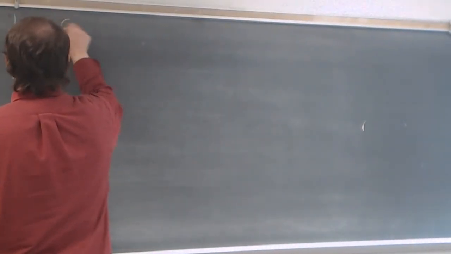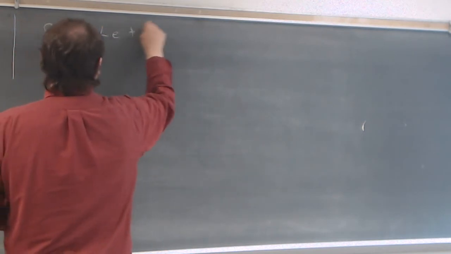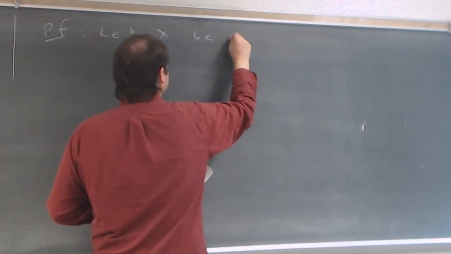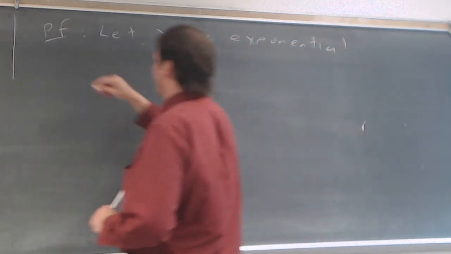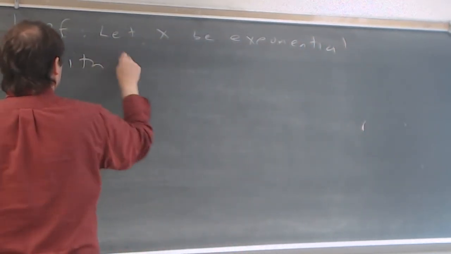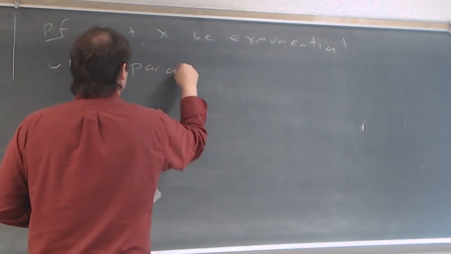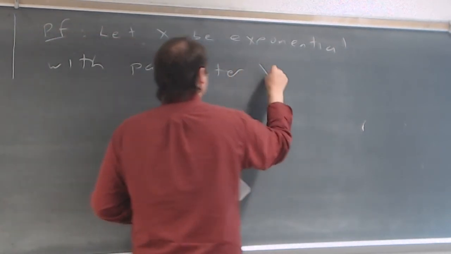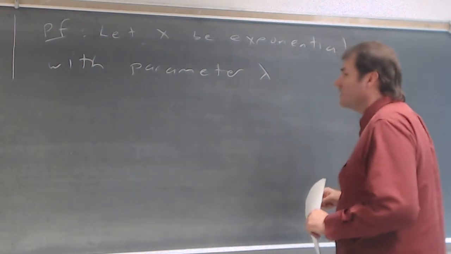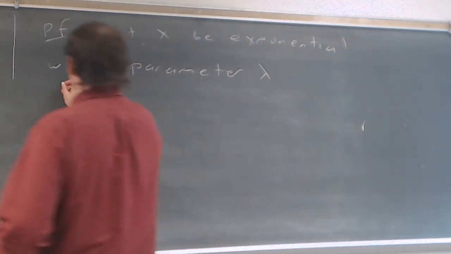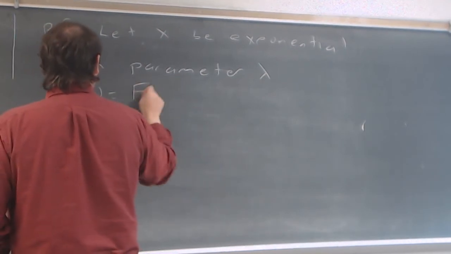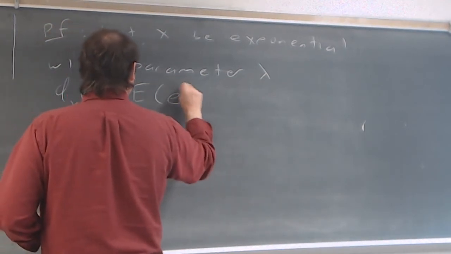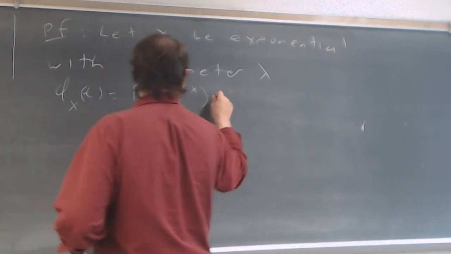Okay. So here we start off with let X be exponential with parameter lambda. Then when we compute the moment-generating function, phi sub X of t, remember it's defined to be the expected value of e to the tX.